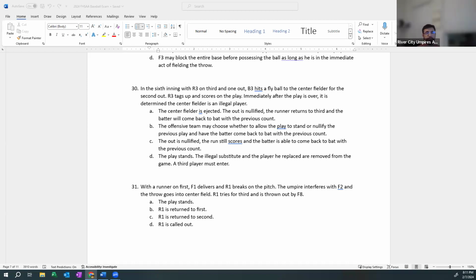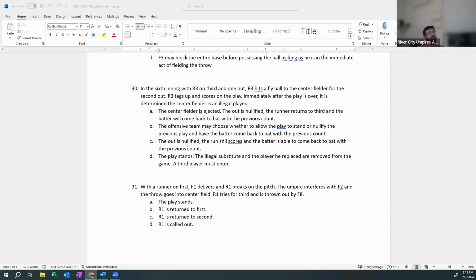I'm not saying you're right or wrong. It says B3 hits a fly ball to the center fielder for the second out. R3 tags up and scores. Immediately after the play is over, it's determined that the center fielder is an illegal player. So I did a process of elimination on that.